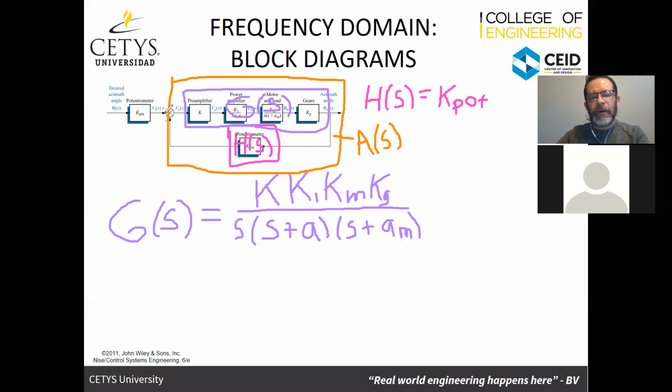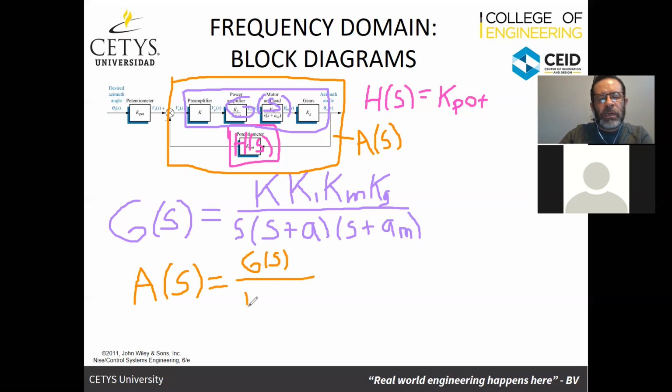It would be the feedback of the system because we've got the forward and the reverse. So A of S would be G of S divided by 1 plus G of S multiplied by H of S. And we're going to do that in a moment.